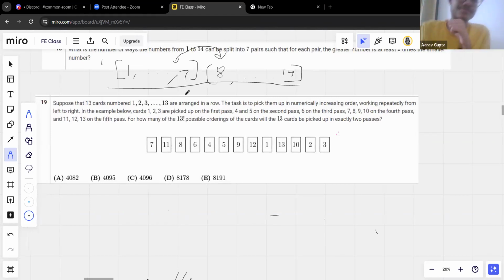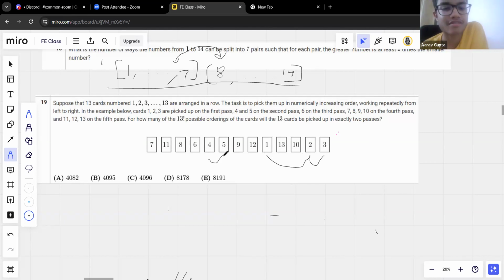Oh, okay. So basically, if some set of numbers are in ascending order from left to right in this arrangement, there are 13 cards arranged in some order. If they are in ascending order, then you can take all of those cards and pick them up. For example, here you have 1, 2, and 3. So you will pick them up.